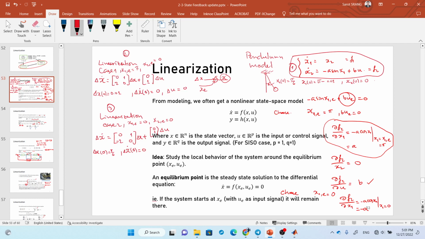It means the pendulum moves up almost 180 degrees like this. So from here to here it is pi minus 0.01.